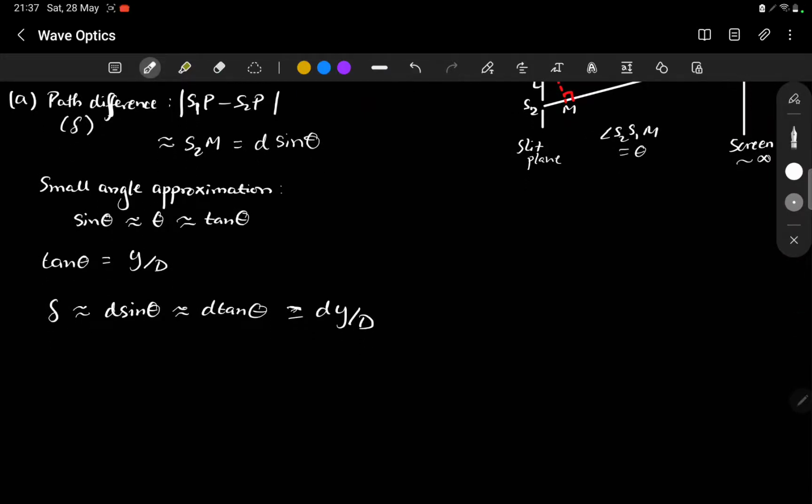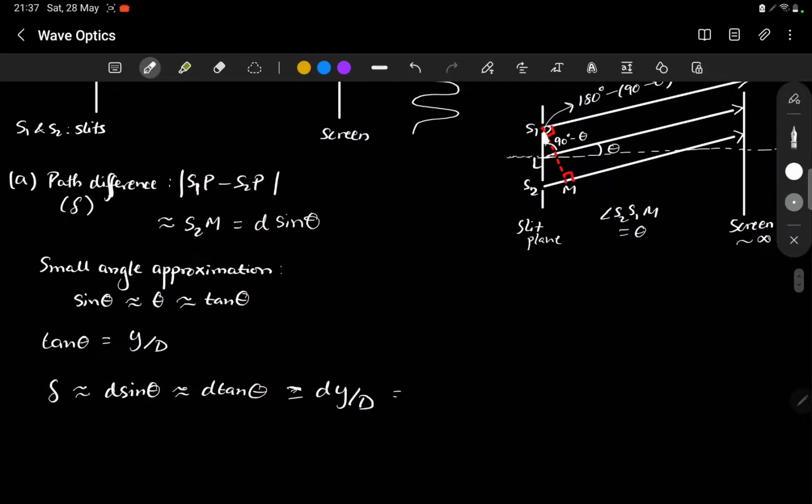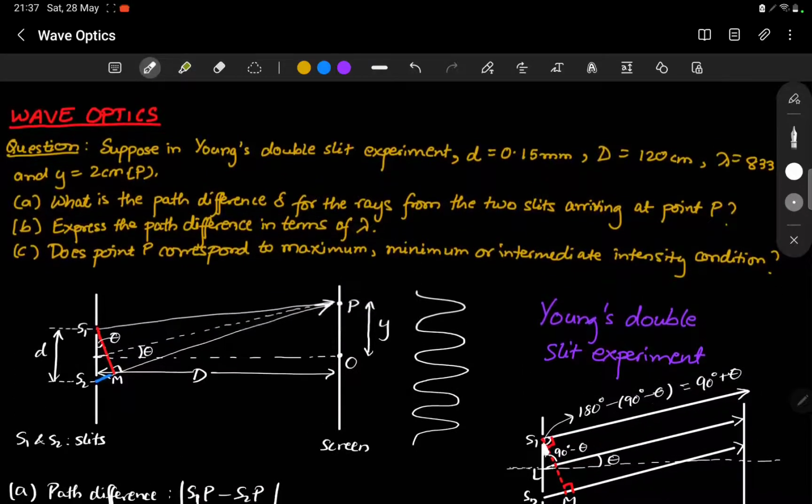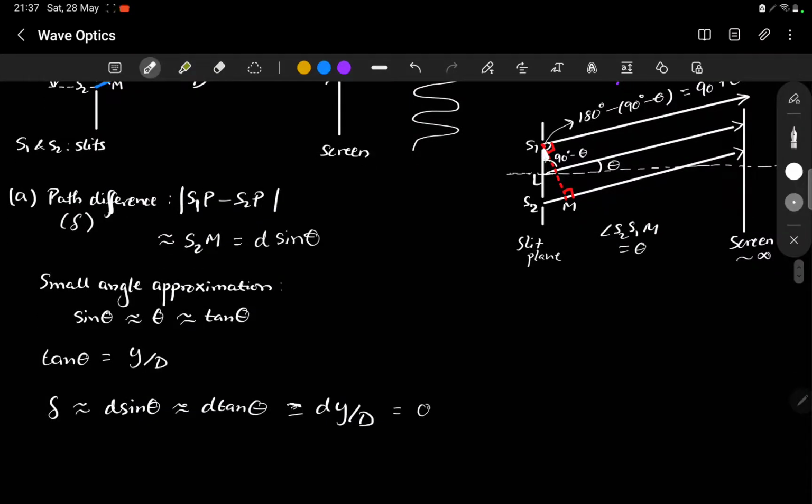Now we are given the values of small d, capital D and y, so we can just plug in the values. Small d is given as 0.15 mm, y is 2 centimeter, and D is 120 centimeter.